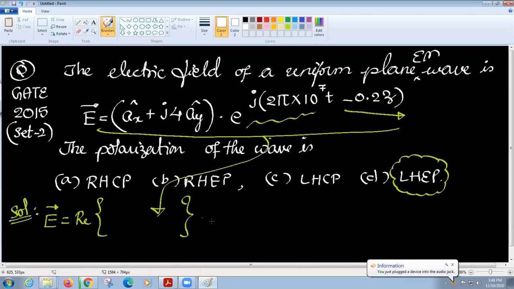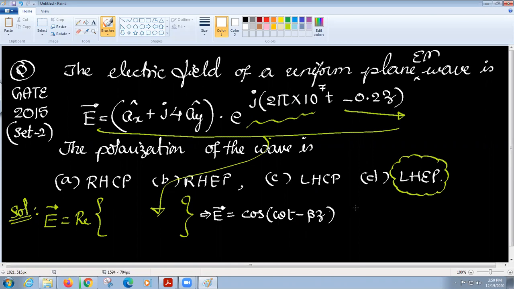Now from this, I can write E is equal to cos(omega t minus beta z) ax roof plus 4 cos(omega t minus beta z plus pi by 2) ay.